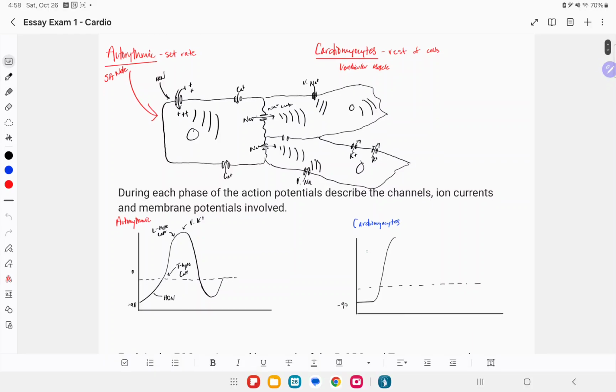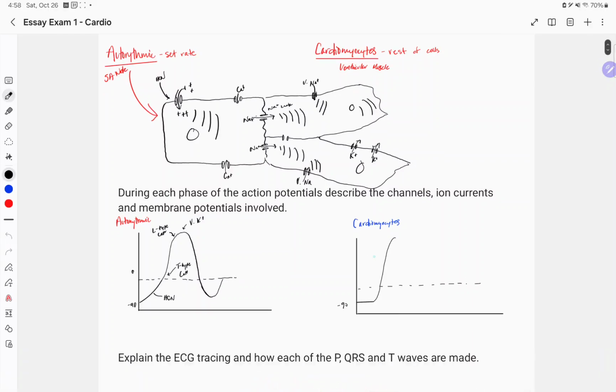And so we have our voltage gated sodium channels that are opening here, causing this depolarization to occur. And then something interesting happens here.